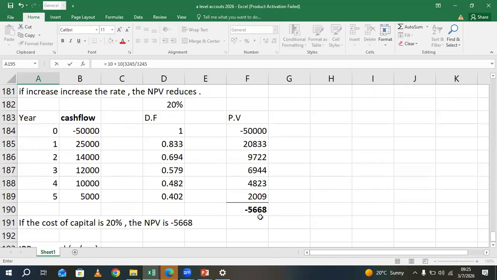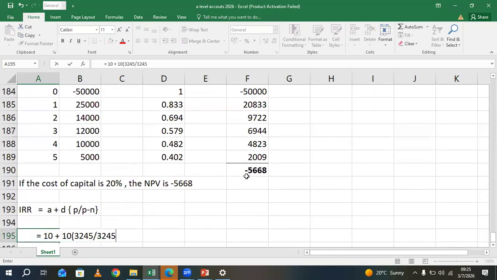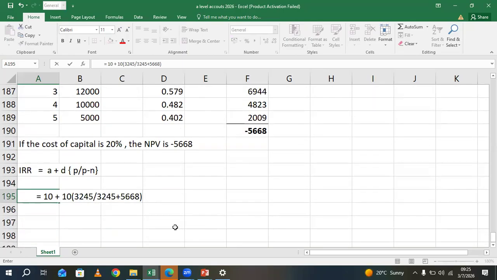But since the negative NPV already has a negative, in maths, because on the formula we have a minus, and the NPV itself is a negative, the minus and the minus gives us a plus. So it becomes 56.68, because there is a negative for the negative NPV and the negative on the formula, giving us a positive.